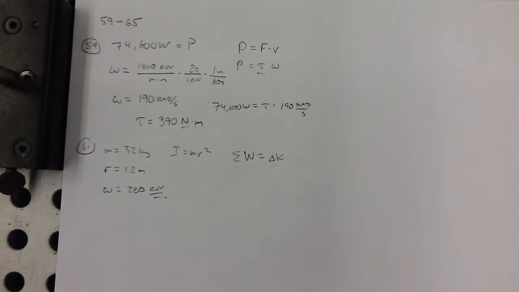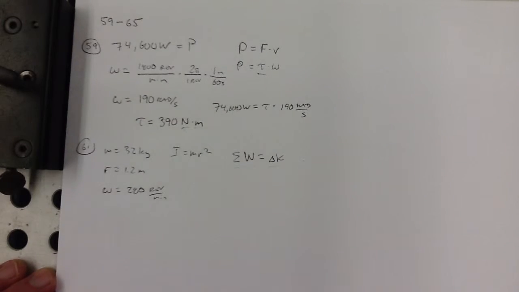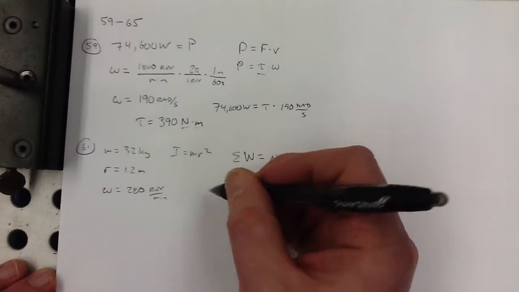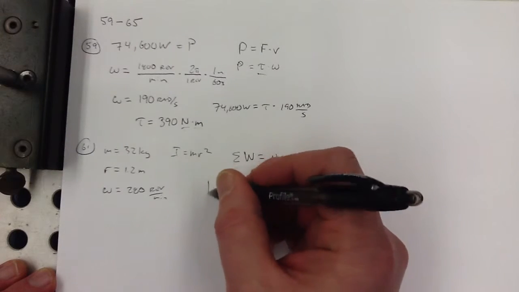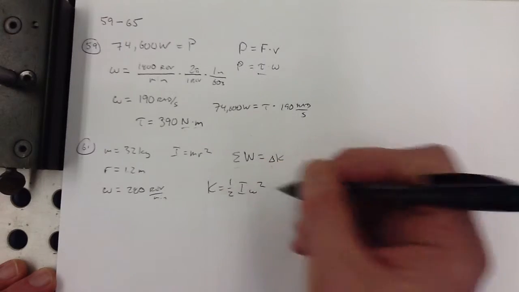If you think about work as the mechanism by which energy is transferred into or out of a system, then we just need to get all that kinetic energy out. So that's what I'm going to do. I'm just going to find the kinetic energy. So the kinetic energy of the hoop is equal to 1/2 I omega squared.